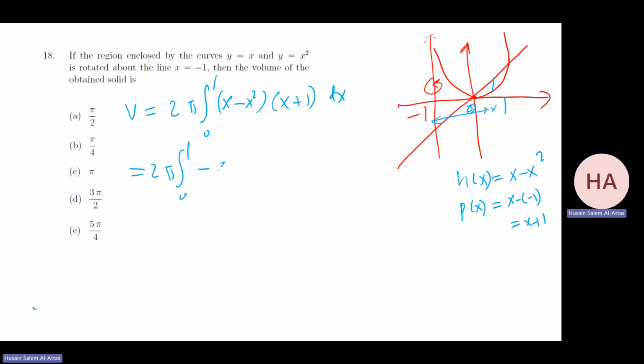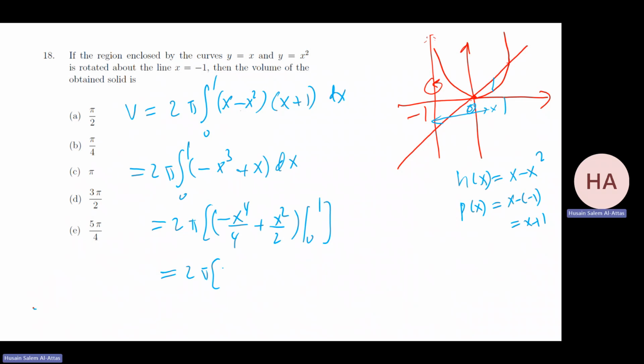That will be minus x cubed minus x squared plus x squared, that will be 0, plus x dx. That gives me 2 pi times minus x to the power 4 over 4 plus x squared over 2 from 0 to 1. That gives me 2 pi times minus 1 over 4 plus half minus 0, that is 1 over 4 times 2. I have pi over 2.